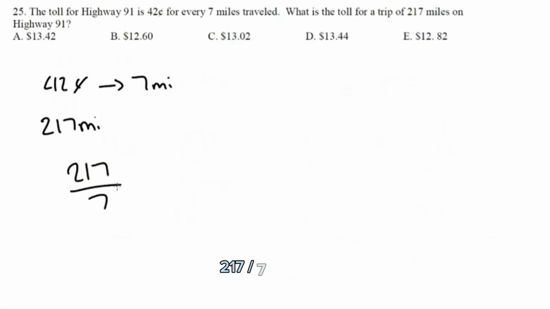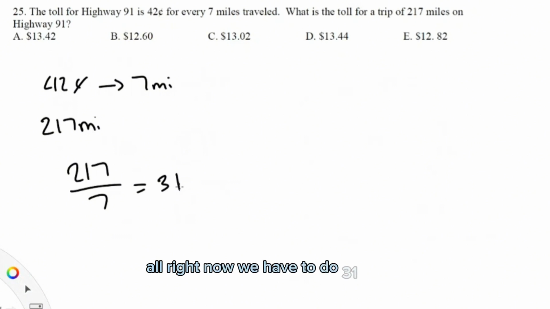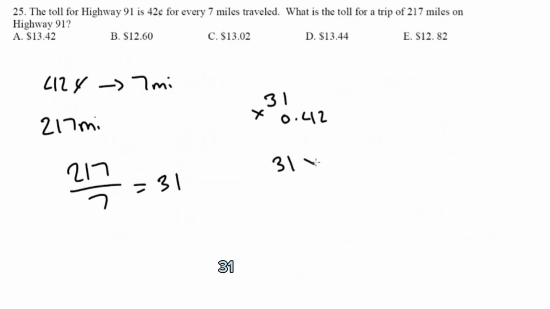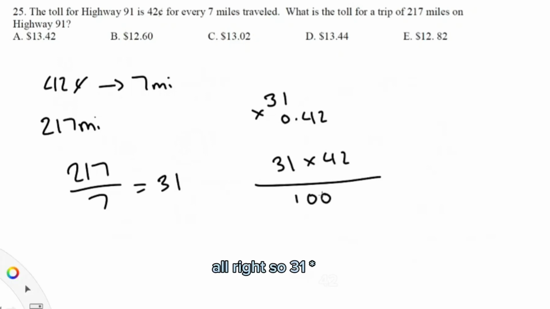217 divided by 7 is just 31. Alright, now we have to do 31 times 0.42. In other words, 31 times 42 over 100. Alright, so 31 times 42.